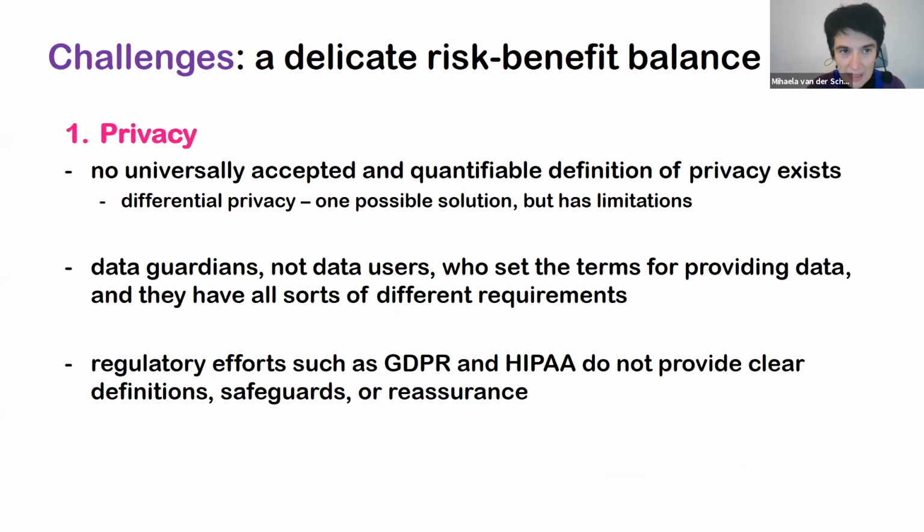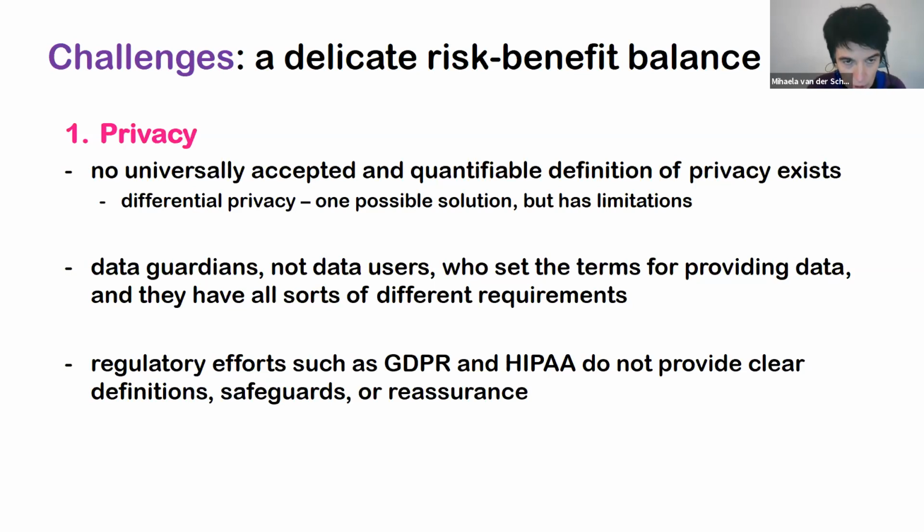So let me start by discussing some of the challenges that have been outlined already and some new ones. So first is this issue of risk, or another way of putting it, of privacy concerns. And the challenge there is that there is no universally accepted way to define privacy.